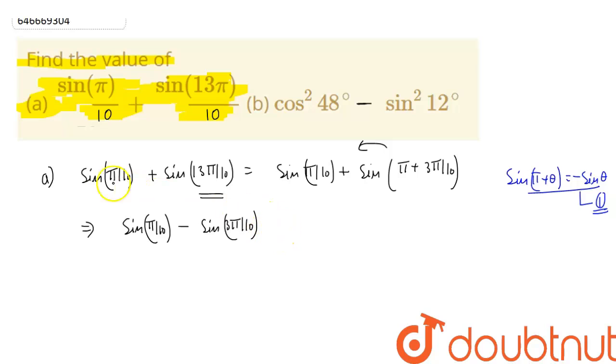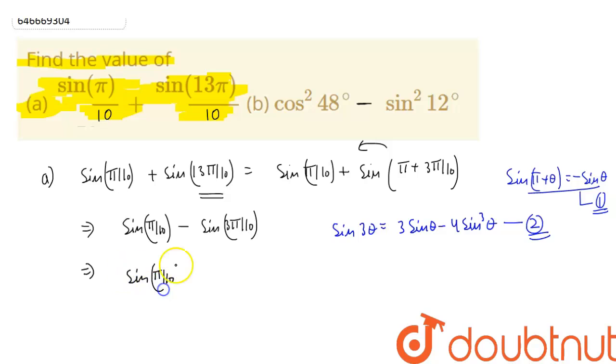Now we are again going to use one more property of trigonometry. We know the sine 3 theta formula: sine 3 theta is given by 3 sine theta minus 4 times sine cube theta. Let us say that this is result 2. By using this result 2, we retain sine of pi by 10 as it is, minus sine of 3 times pi by 10.